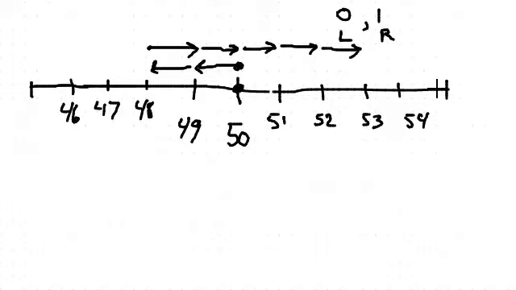Let's say we want to stop the program when we get to 55. So let's say we keep getting 1s, and finally we're at 55, and then the program stops.